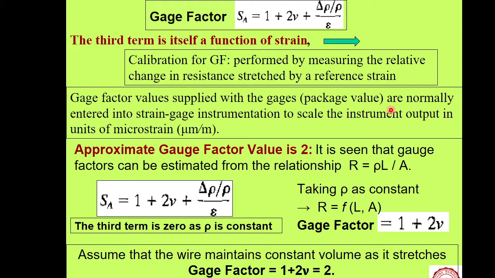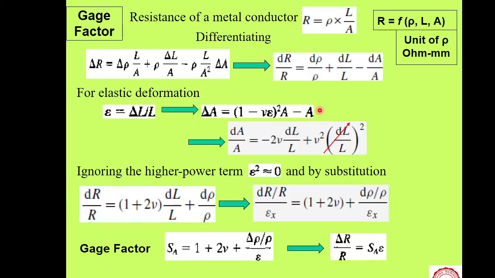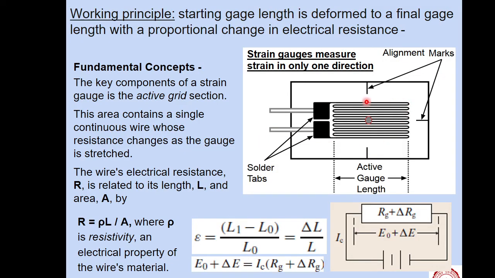That means in the packet or package containing strain gauges, they are marked. Okay, and there is some provision for measurement of this change in resistance. That means from here there are soldering tabs, right? From here these wires are connected with the measurement unit.